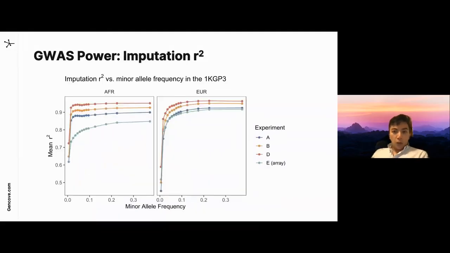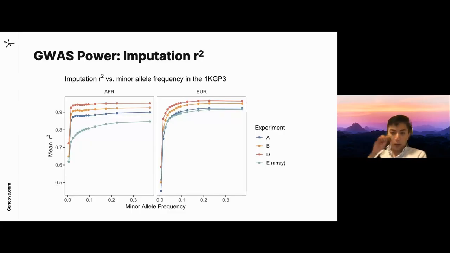And so here's a very similar plot. This is the second metric that we're looking at, which is imputation R squared, which is again the correlation coefficient squared, or variance explained by imputed genotypes compared to gold standard genotypes. This is evaluated again on a variant level and also can be stratified by minor allele frequency.